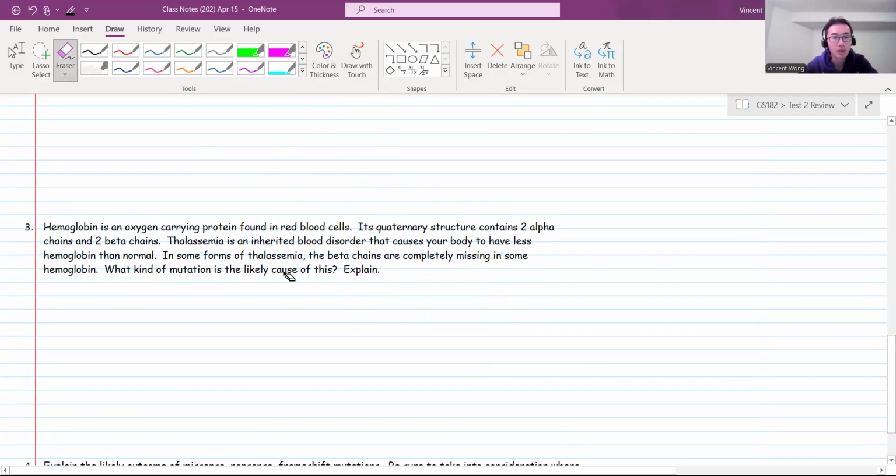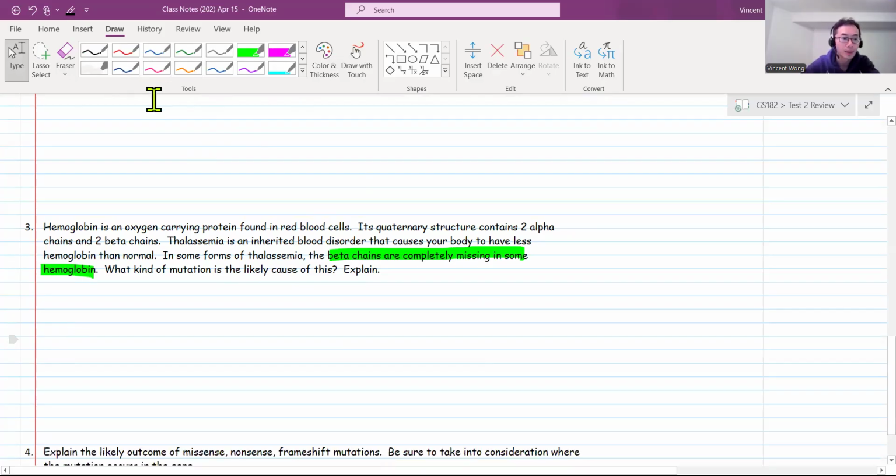What kind of mutation is the likely cause of this? Explain. So if the whole thing is missing, there's only one kind of mutation that would cause a whole chunk of proteins to be missing, right? And which one would that be? Anybody? Nonsense. That's right. This would be a nonsense mutation.